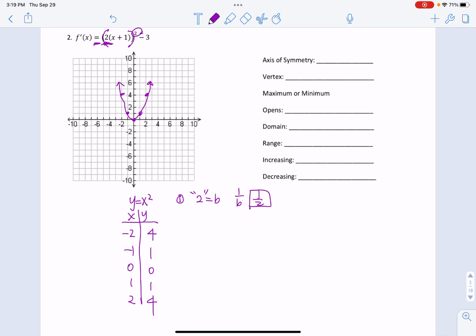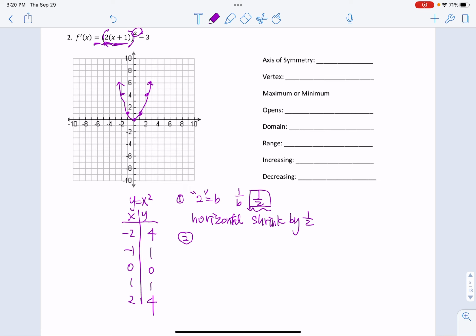So 1 over 2 means it becomes smaller. So we say that as a horizontal shrink by 1/2.